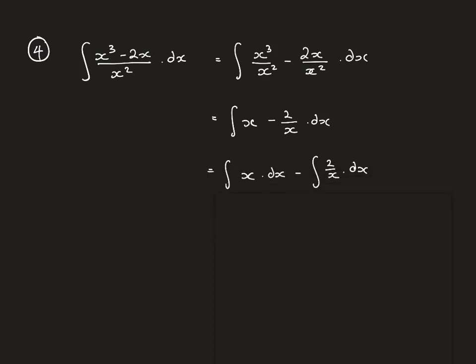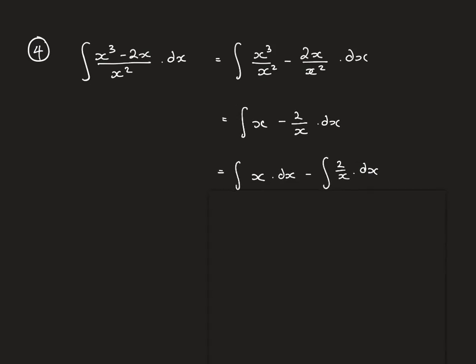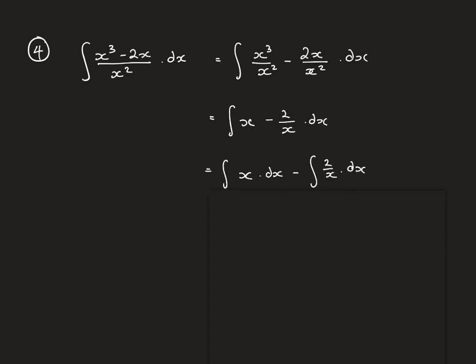Then split the integral into two separate integrals if you like, or you can just continue to integrate the whole thing all together. So I've just split it out just to be a little bit pedantic. And then use your integral pattern for x to the power of 1 here.